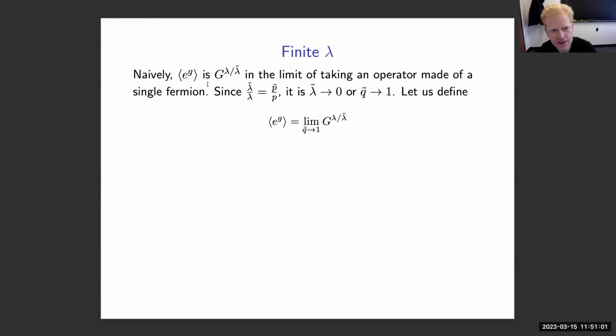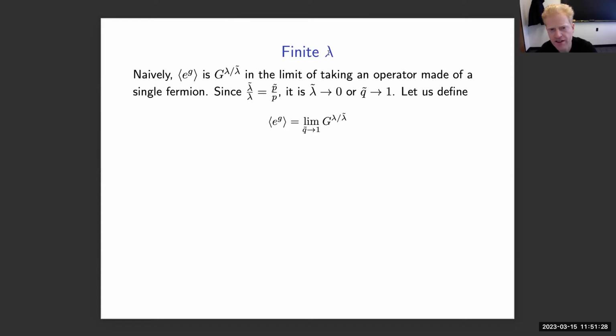So naively, this e to the g that appeared in the G sigma action, recall it's the 2-point function of a single fermion. So this was the relation that related lambda tilde to p tilde. If we take p tilde to be 1, which is a single fermion, then when we divide it by p, it will just go to 0 because p is large, also in the double scale limit.